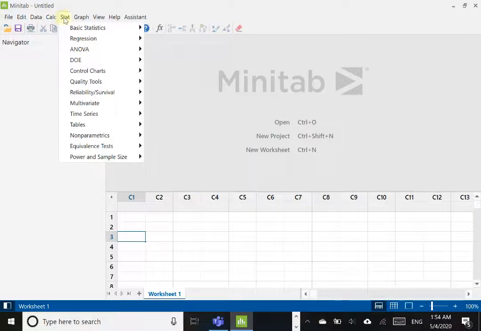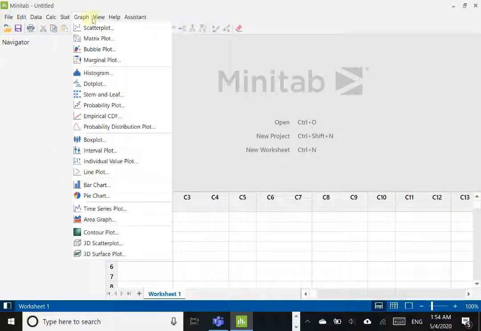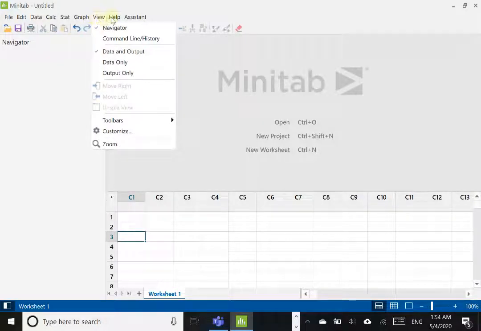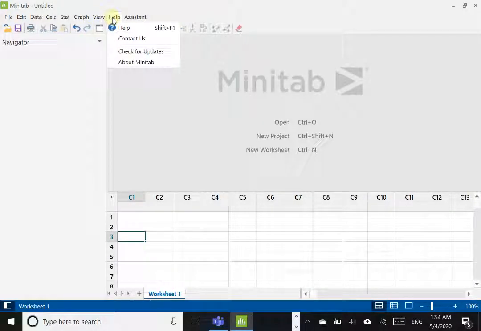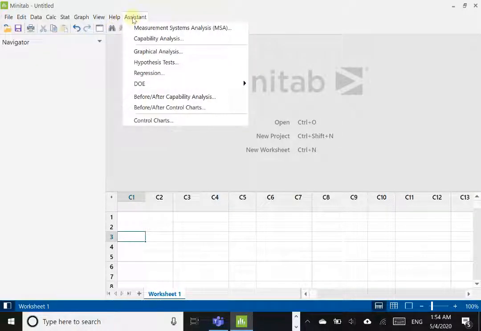This is Stat and Graph. You have your View tab and your Help. I'm sure some of you may need that. I'm going to need that myself. And then the Assistant here can give you assistance with any of these items that you may need help with.